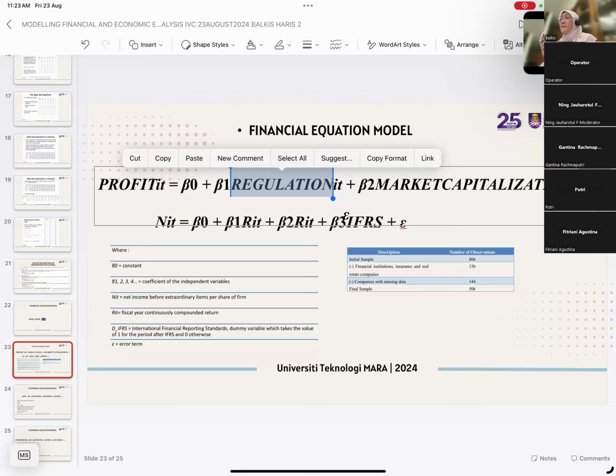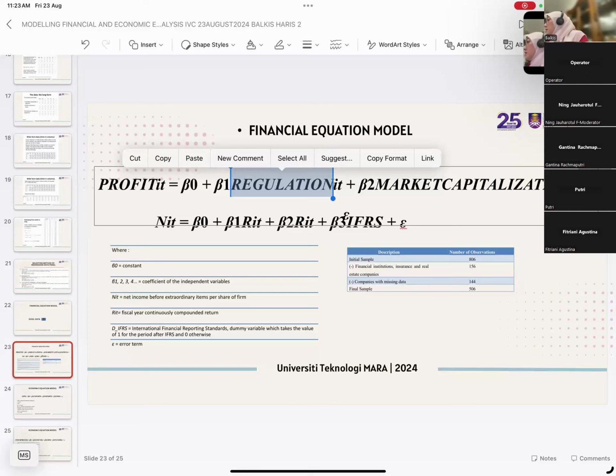So we say that post imposition of the regulation, profit of the firm increases. Before the regulation imposed, profit of the firm is lower. So that is based on the literature on how we come up with the financial equation model for the banking sector or for the financial institutions.